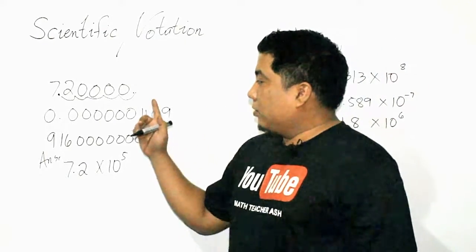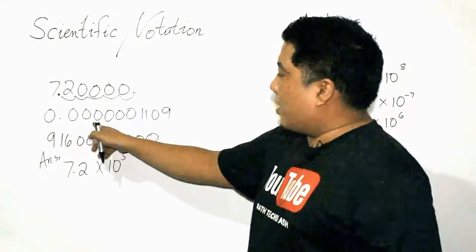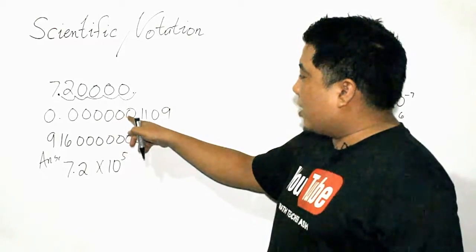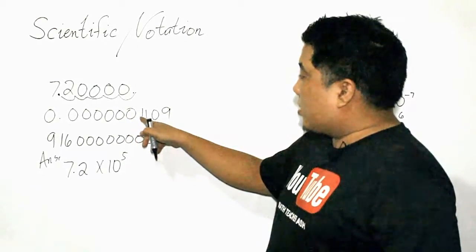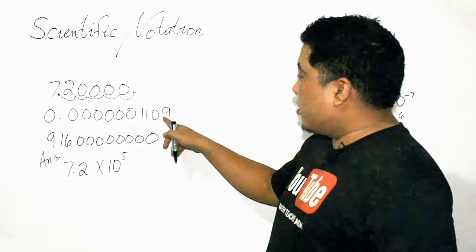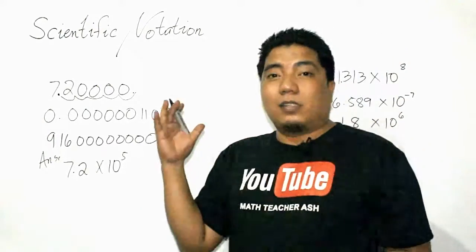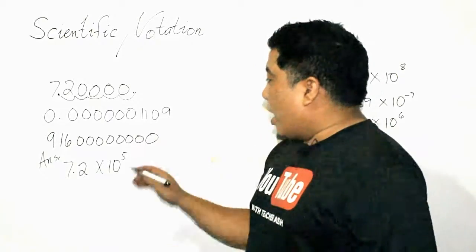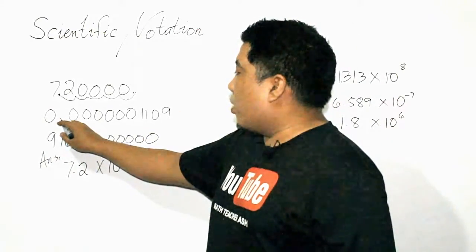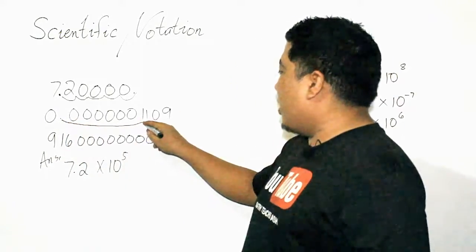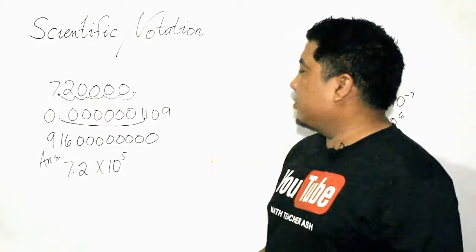1,109. Tens, hundreds, thousands, 10,000s, 100,000s, millions, 10 millions, 100 millions, billions, 10 billions. So, 1,109, 10 billions. Okay? So, how do we write this one? We need our decimal point to be here. Okay, this part.